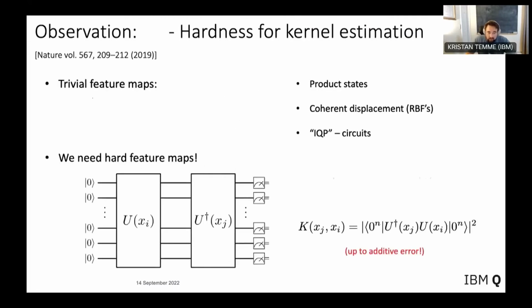Okay. However, things start to become a lot more interesting if you ask the question, well, are there kernel functions, methods or procedures of loading data in some way that would give you some separation in some sense?